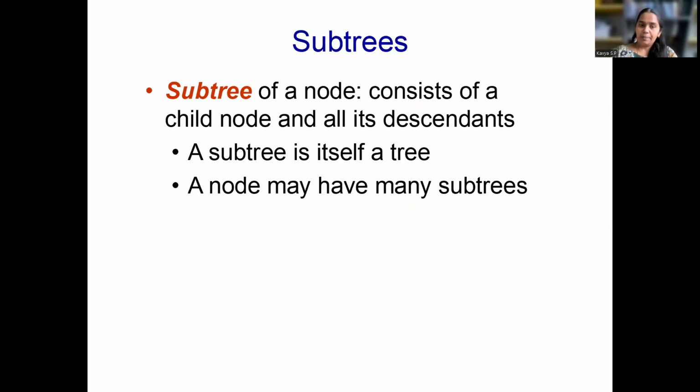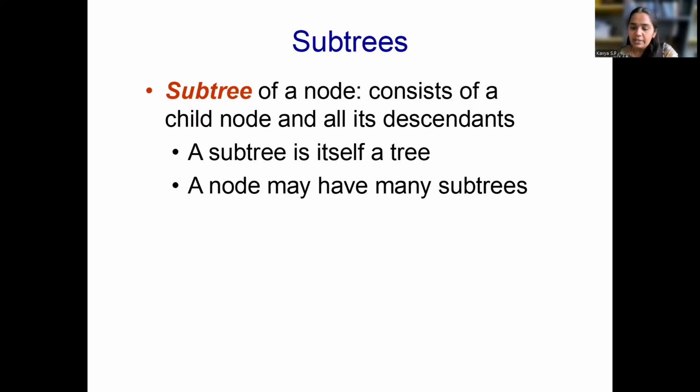Then talking about subtree. A subtree is a descendant node which again has a tree structure starting from itself. So a subtree is again a tree itself. It is said to follow the properties of the tree as a whole. Whatever rule is applicable for a tree is applicable for a subtree also. Similarly, a node or a complete tree can have any number of subtrees.